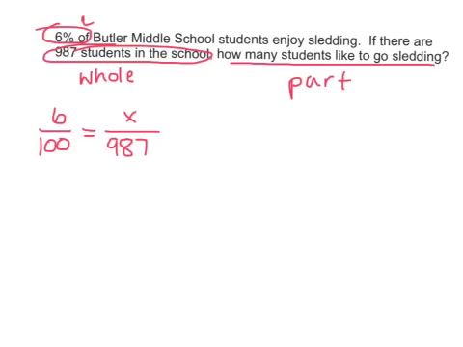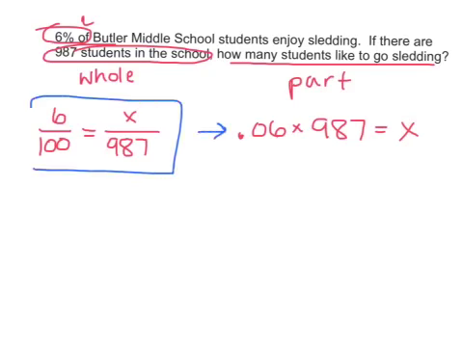For the equation, we take the percent in decimal form. So 0.06 times the whole of 987 students equals the part. And for this one, I am going to solve the equation. Remember though, the proportion would get you the exact same answer.